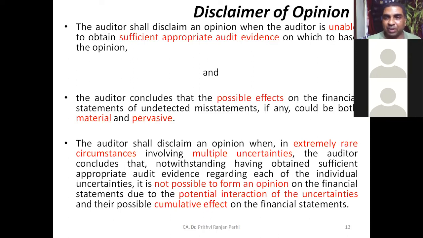Either it is showing a true and fair view or it is not, the auditor is unable to draw a conclusion on that. In that case, the auditor will give an opinion which is called a disclaimer of opinion.